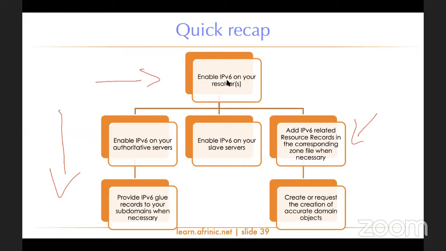Let's take an example: you can have in a zone file resource records related to IPv6 without enabling IPv6 on your authoritative servers. So it depends on the context. You can also have glue records over IPv6 for all your subdomains. This one is very important if you want to enable your users or your customers to query their own domain over IPv6.